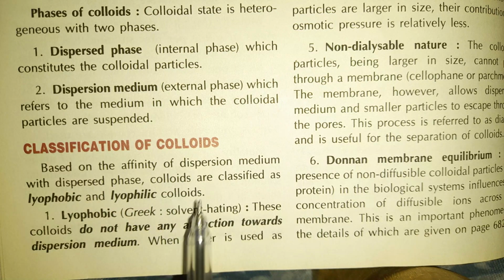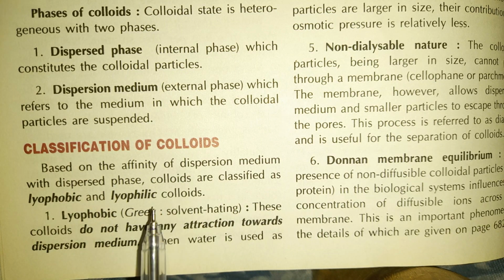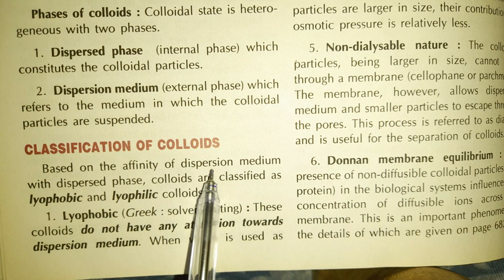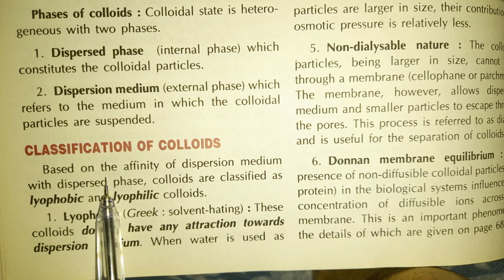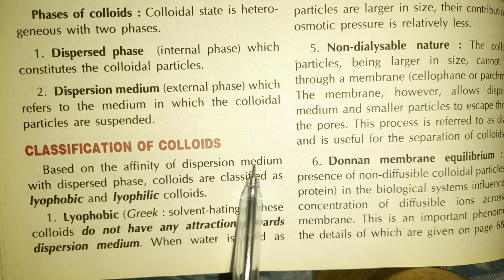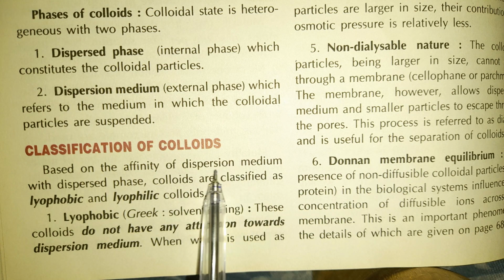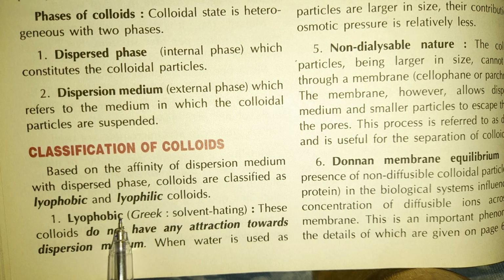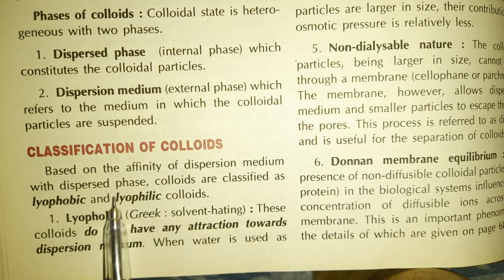So, classification of colloids. Colloids can be classified into lyophilic or lyophobic. There is a dispersion medium and there is a dispersed phase. If there is an interaction or some attraction between the dispersion medium and the dispersed phase, we are going to have lyophilic type of colloids.